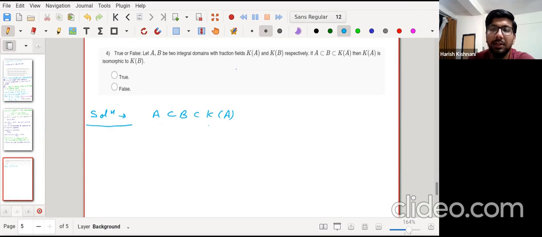We need to see the relation between K_A and K_B. Do you agree with me on this? A is contained in B, therefore the fraction field of A will be contained in the fraction field of B.